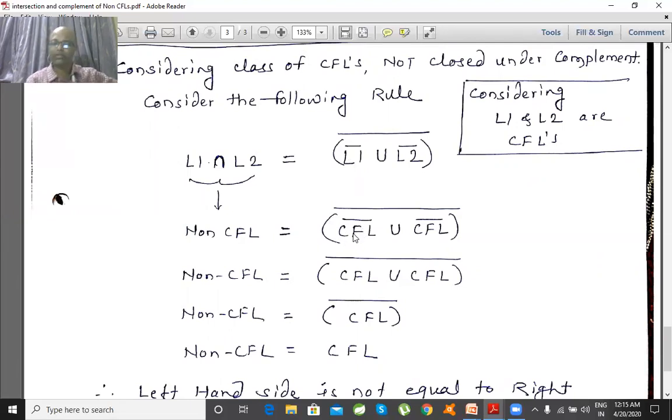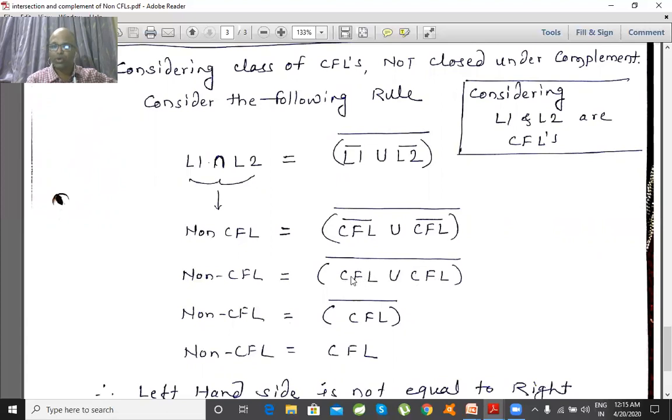So what we are trying to prove is, if I have a context free language and I take its complement, I'll get a context free language. The same terminology is true for this.